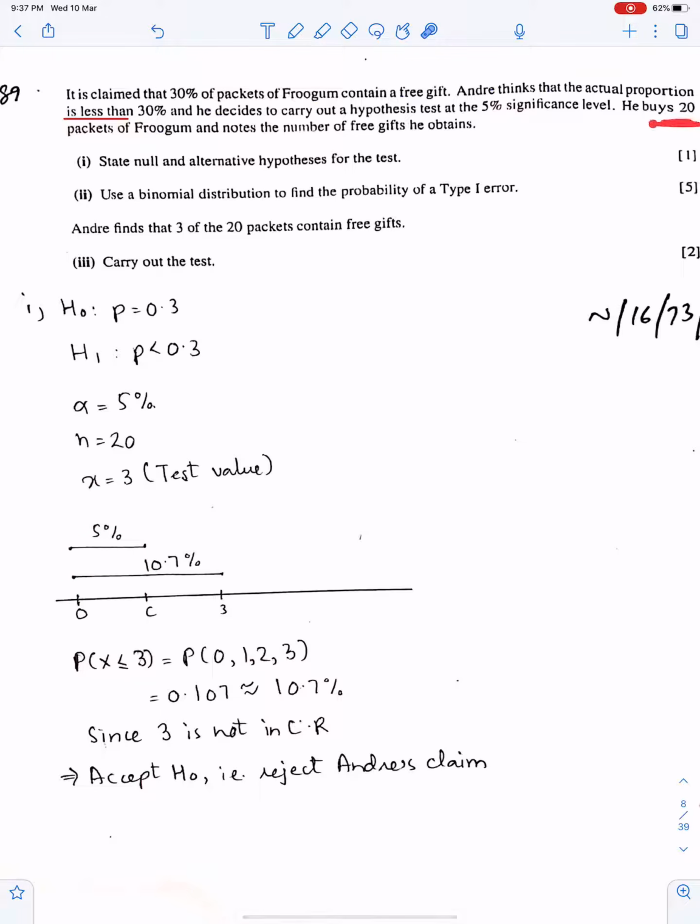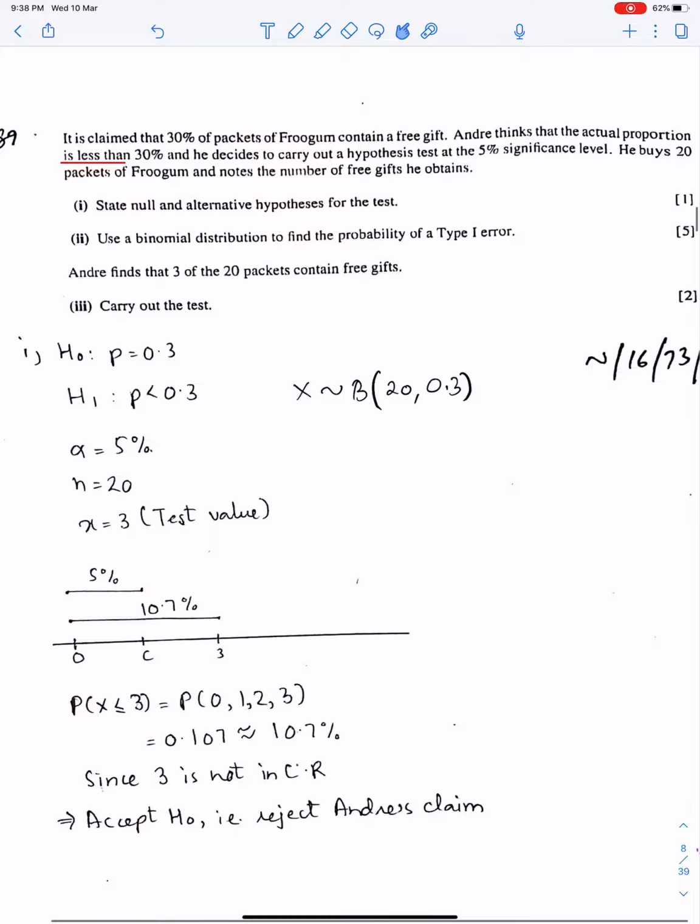He buys 20. This is the n of the binomial. So you just need to write the distribution here if you want. So the distribution is binomial with n equals 20 and p equals 0.3. We always write this value of p here, the value of H naught.